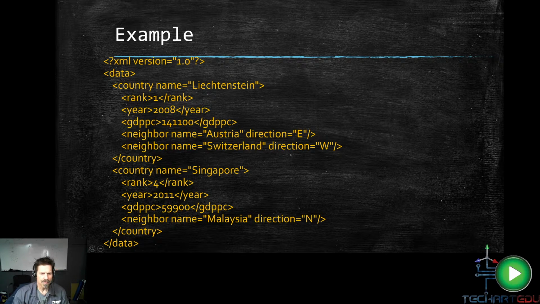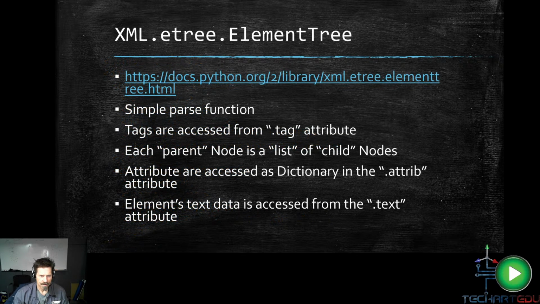All right, now there are a lot of different Python libraries that will work with XML. The one I like to use is called etree, or Element Tree. And it's got a simple parse function. What it does is it transforms all of the information into attributes of one particular class, where the tag information is put in the .tag attribute of the class.